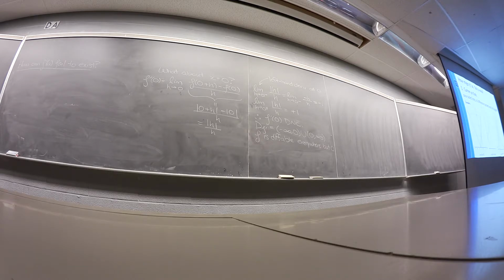Or in other words, how can we fail to find a reasonable tangent slope? Or how can we fail to find an acceptable limit of the secant slopes? So case 1. Corner or kink?